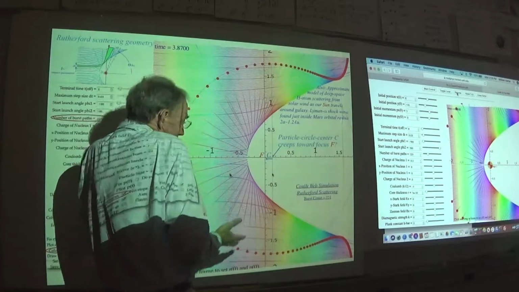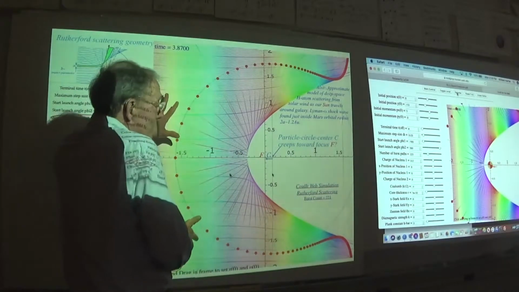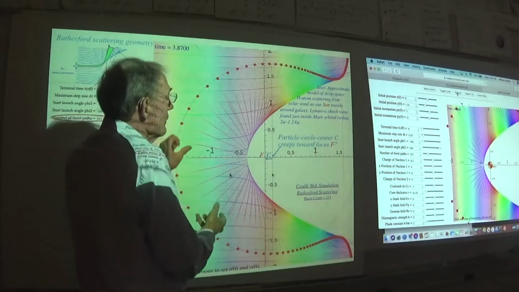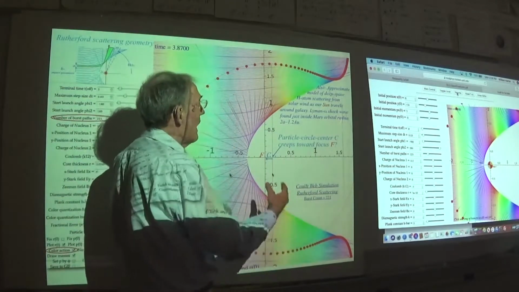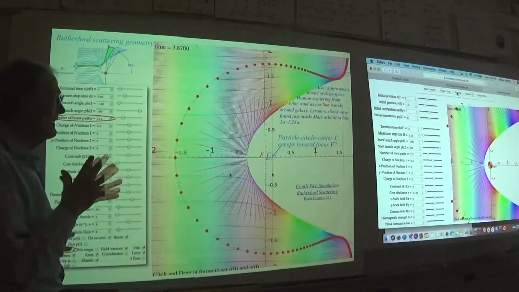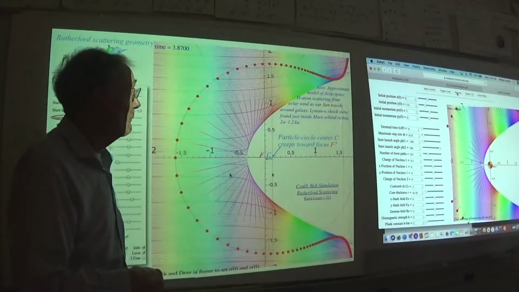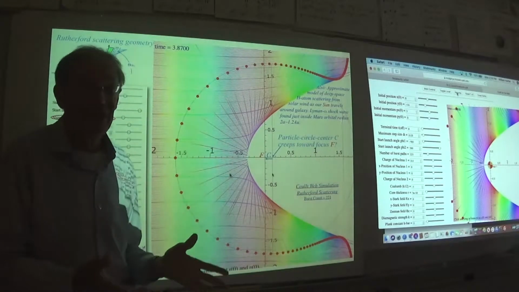So this model here, where we're showing a bunch of intergalactic hydrogen being pushed in a bow wave around the sun, is mind-boggling. That's really neat. It's just a lot bigger than the Rutherford experiment, but it's the same geometry.